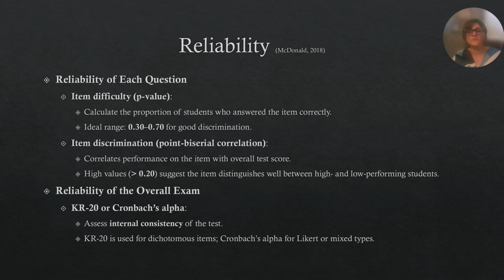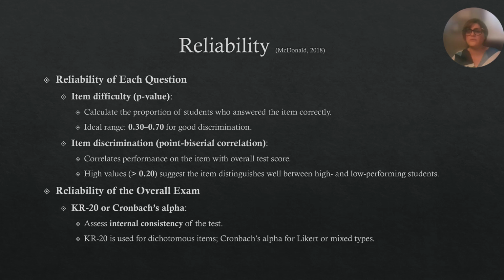And then for the last few minutes, we're going to talk about reliability and validity of exams. So making sure that the test is scored similarly across different student groups, as well as actually testing what you intend it to test. So for reliability of each question, we talked a little bit already about obtaining a p-value or determining the item difficulty.